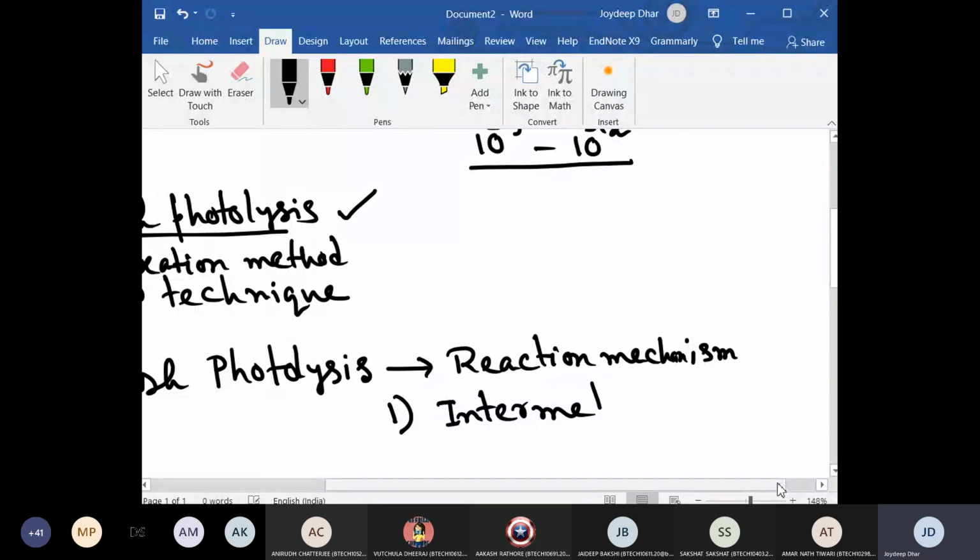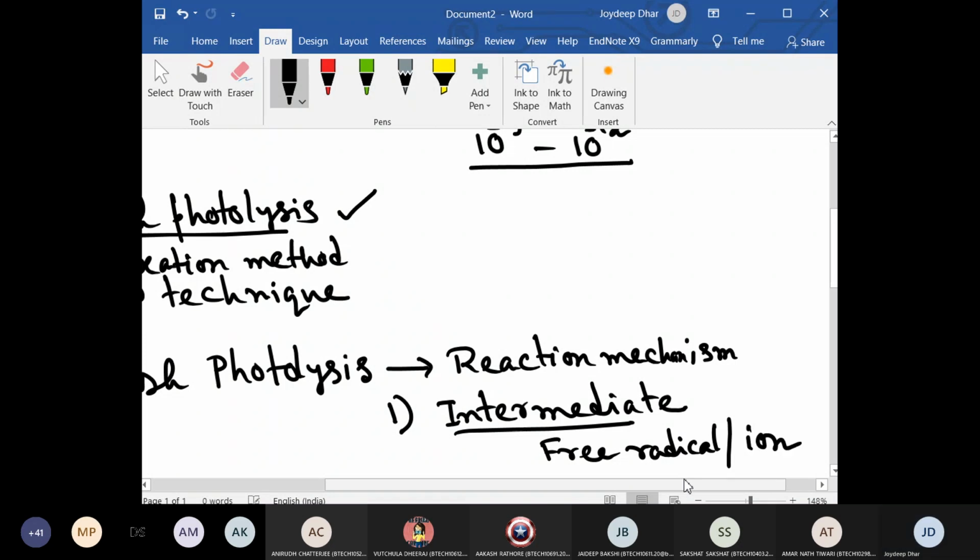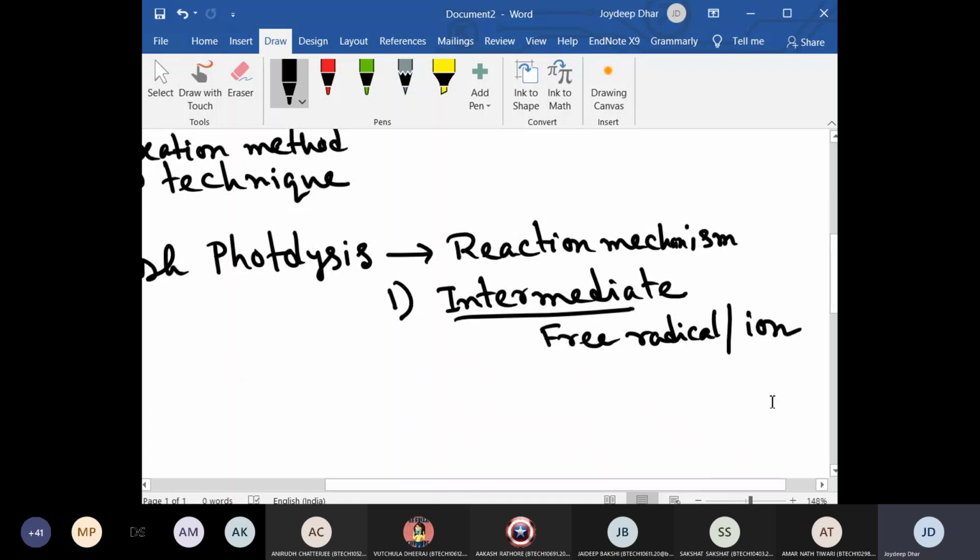This intermediate species will have a very short lifetime, because you cannot separate or isolate this intermediate from the reaction mixture. This intermediate can be some free radical, some ion. These species will have a very short lifetime, so you cannot separate them from the reaction mixture.